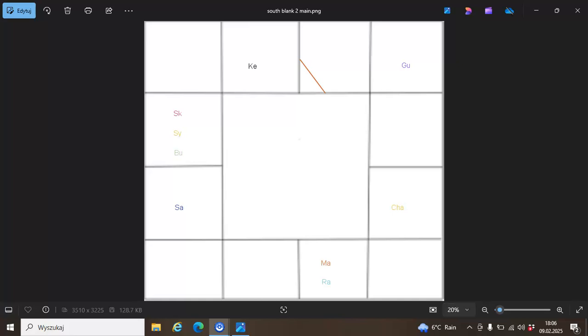We will count the Mandook Dasha periods. We will go over all the main rules which are applicable to Mandook Dasha in practice.